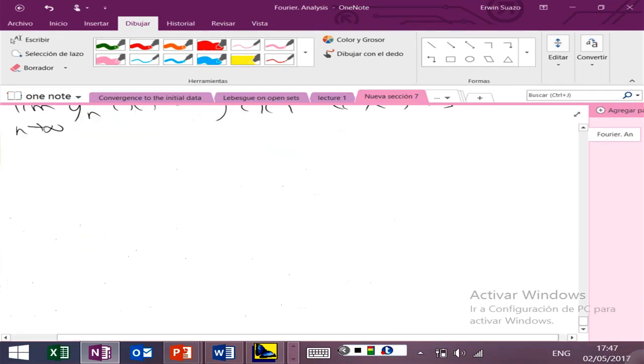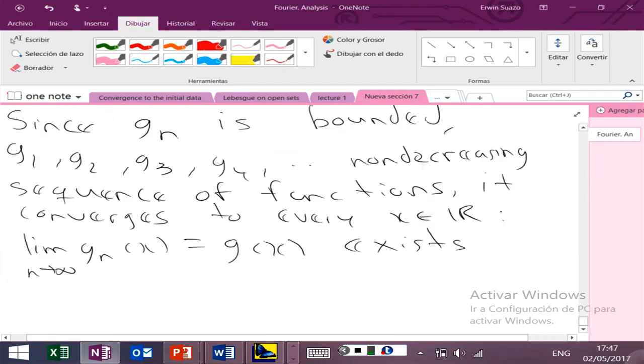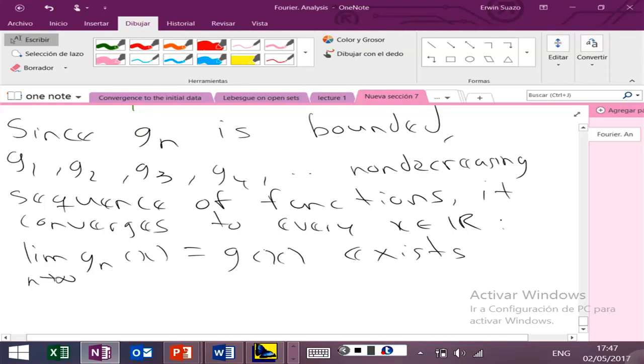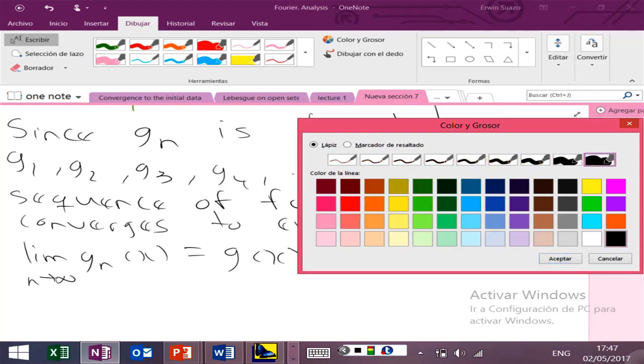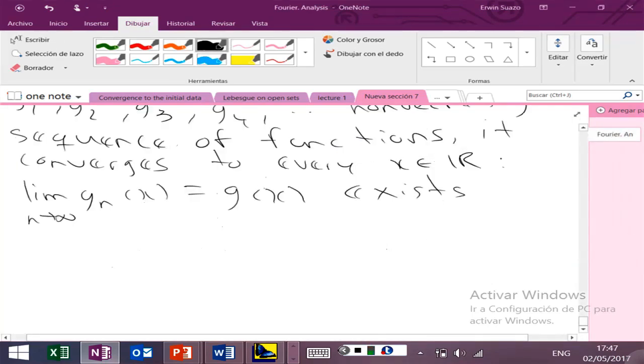So now let me define the other one, and then we finish with the proof. But before that, we had these functions. We had the limit exists.